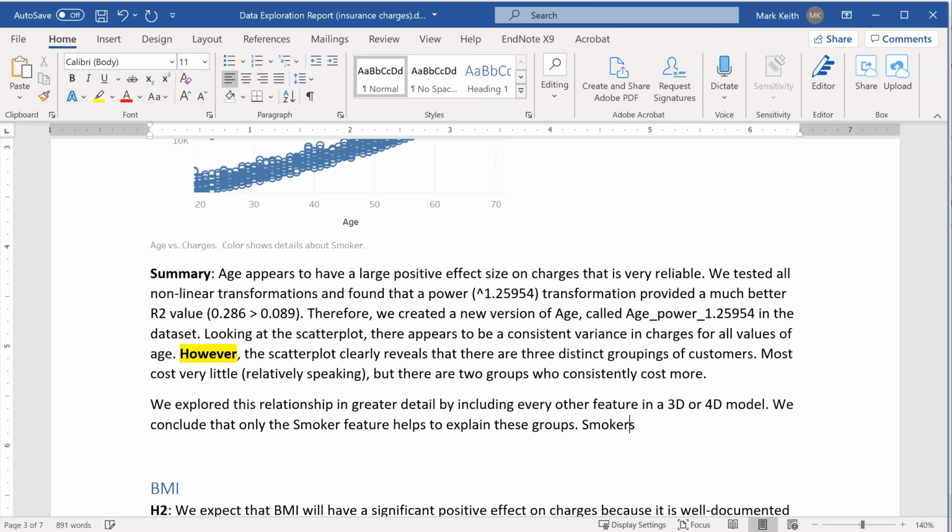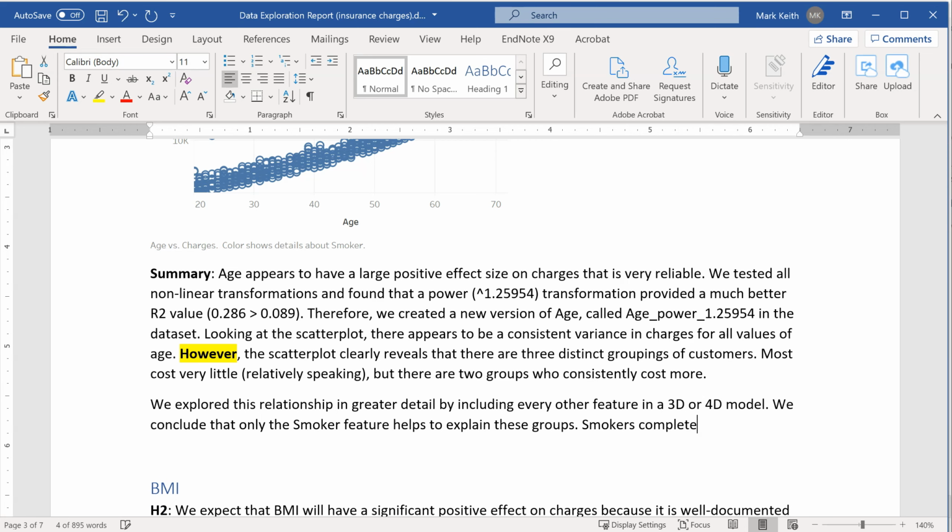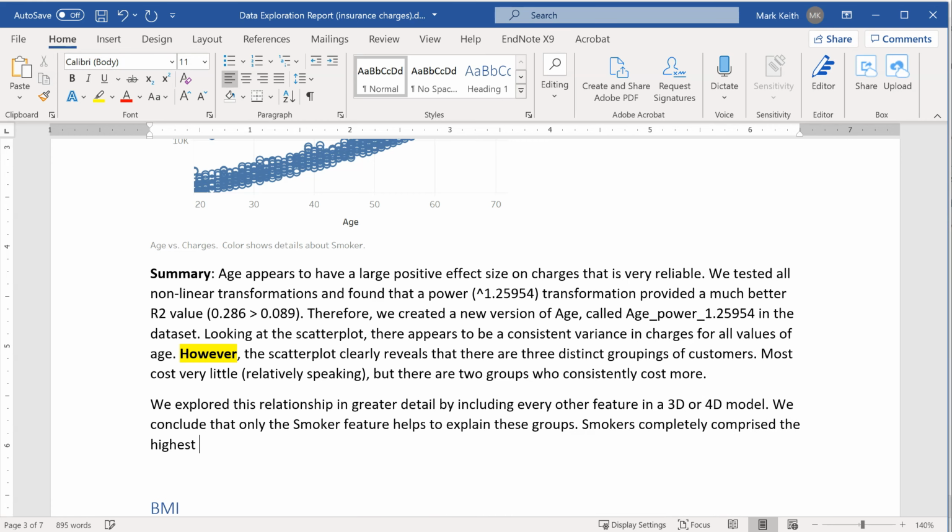Smokers, I should say, completely comprised the highest cost group, while non-smokers comprised the lowest cost.